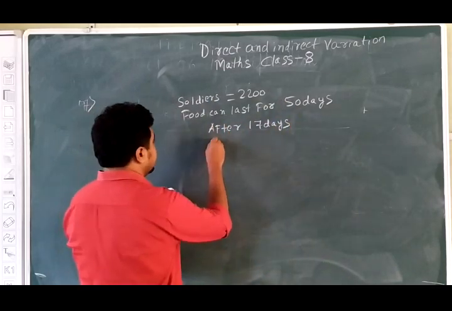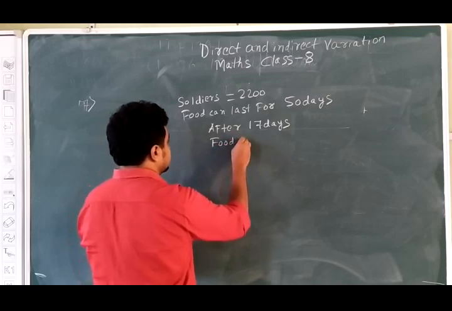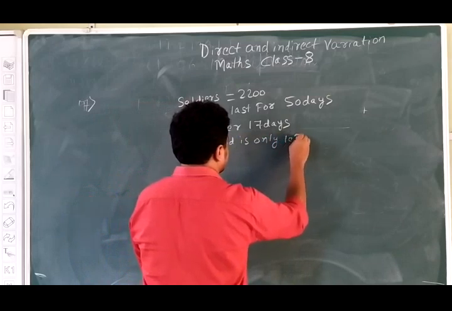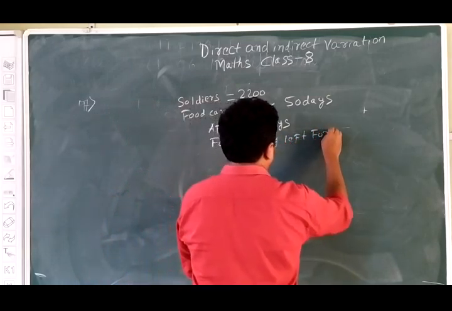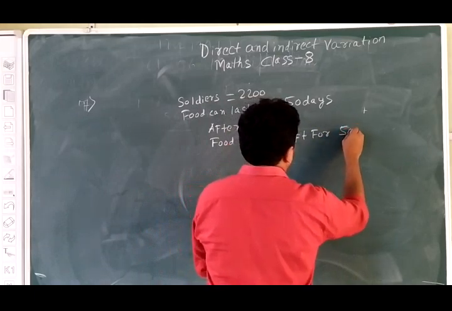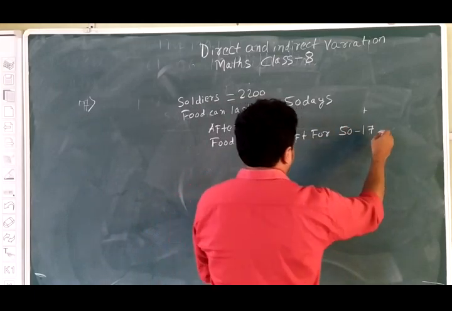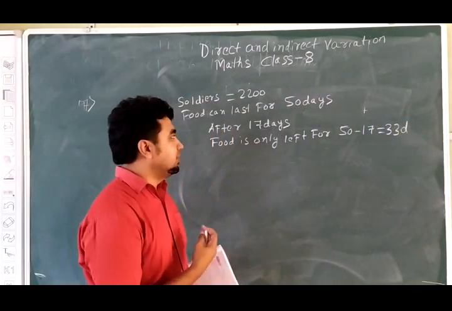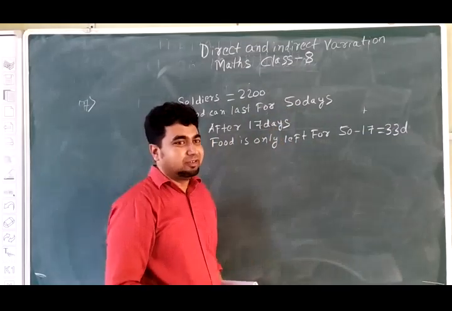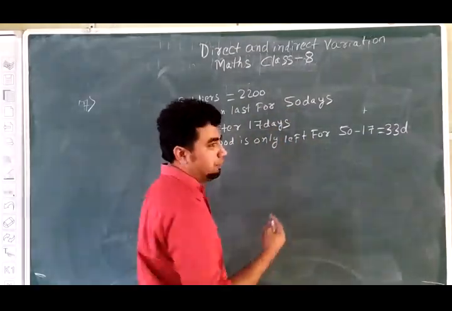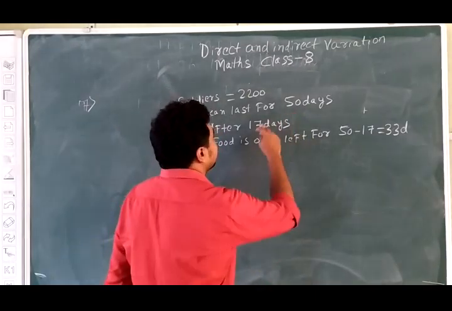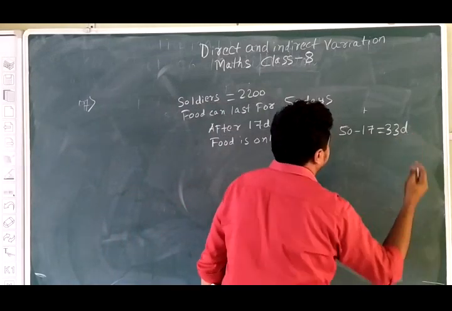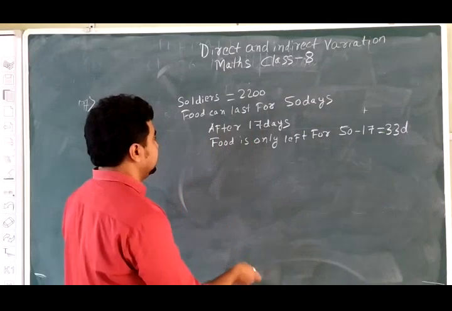Now food is only left for 50 minus 17, is 33 days. Because no soldier can remain hungry for 17 days. So they have consumed the food. You don't have to worry that here also it will be 50. Because soldiers will be eating the food and 17 days they have consumed. So how many days are left? 33 days. And now the comparison will begin.